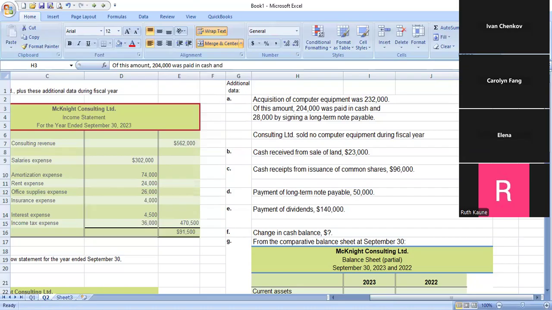Now for chapter 12, the question is going to come from allocation of profit and losses to the partners, and by different methods.